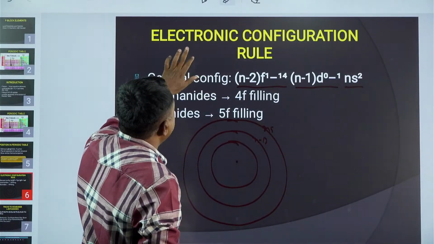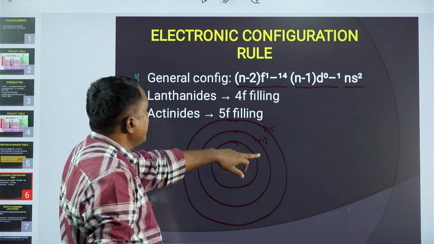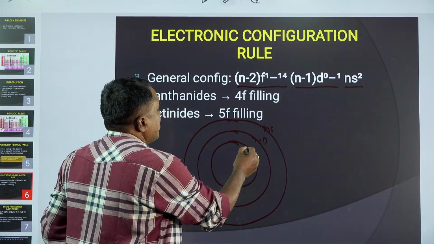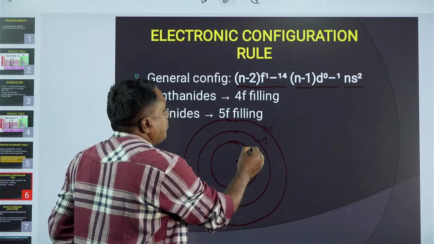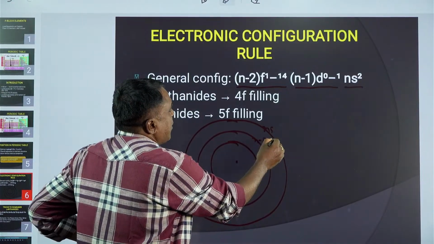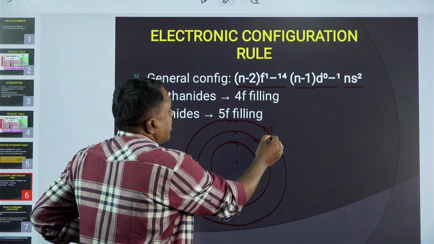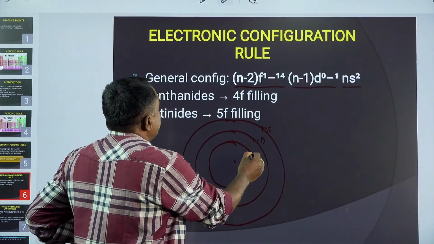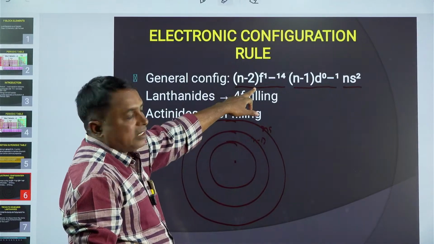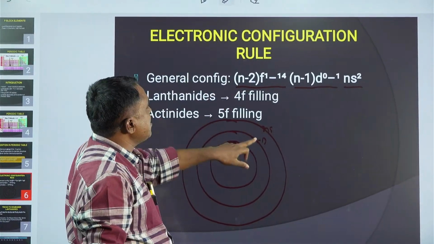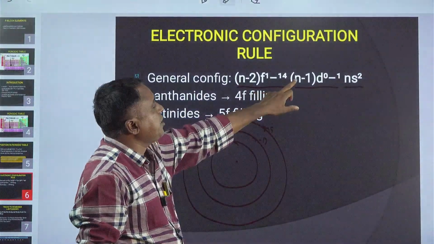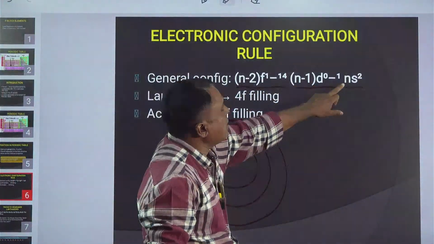In the case of F-block elements, the last electron enters into this (n-2)f anti-penultimate shell, the (n-2)f1 to 14 only, not into (n-1)d0 to 1 and ns2.